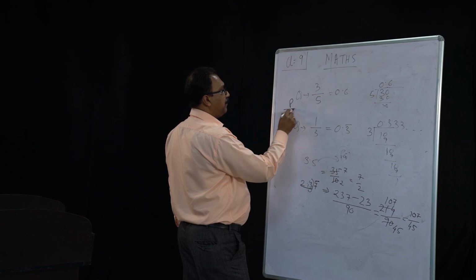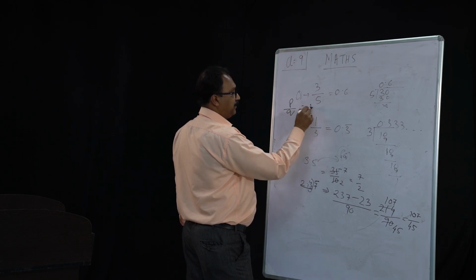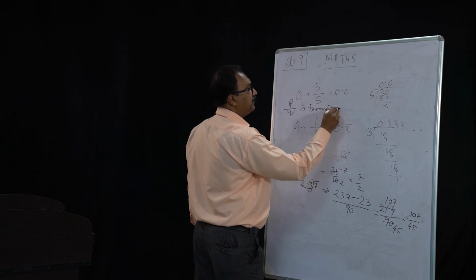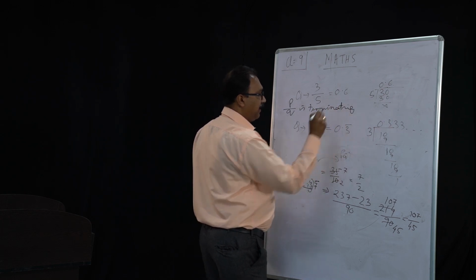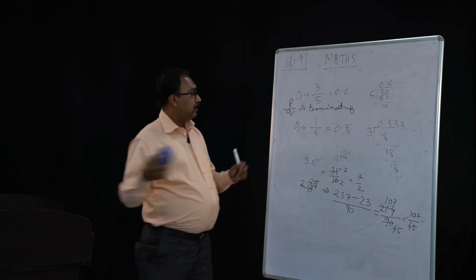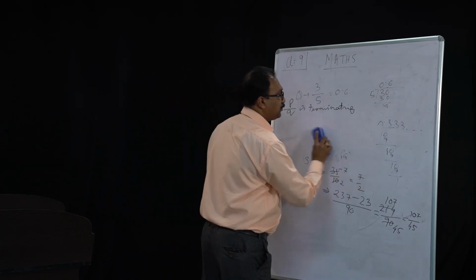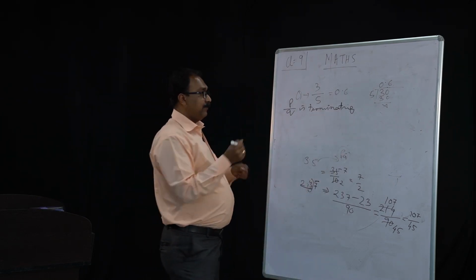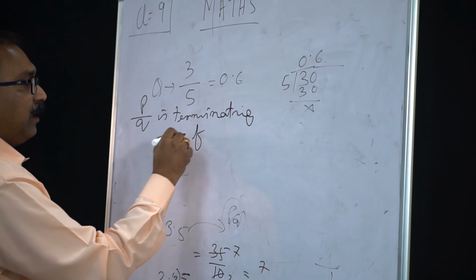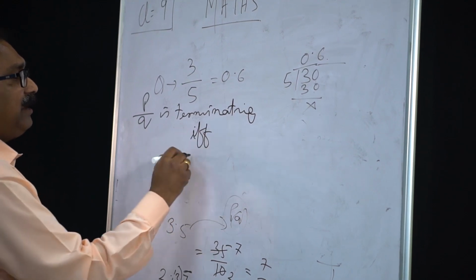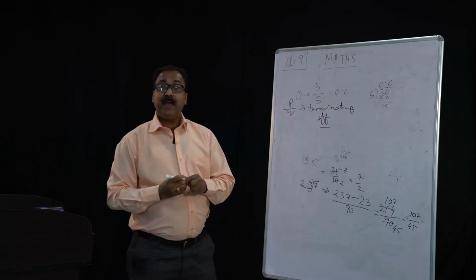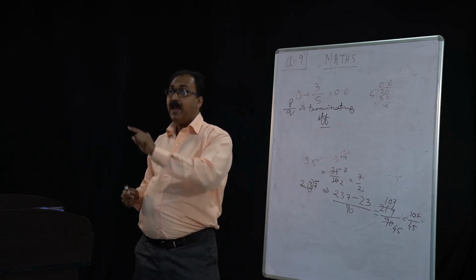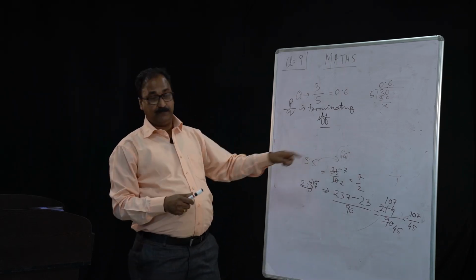If the number P by Q, a rational number, is terminating if, what am I writing? IFF. IFF means if and only if.